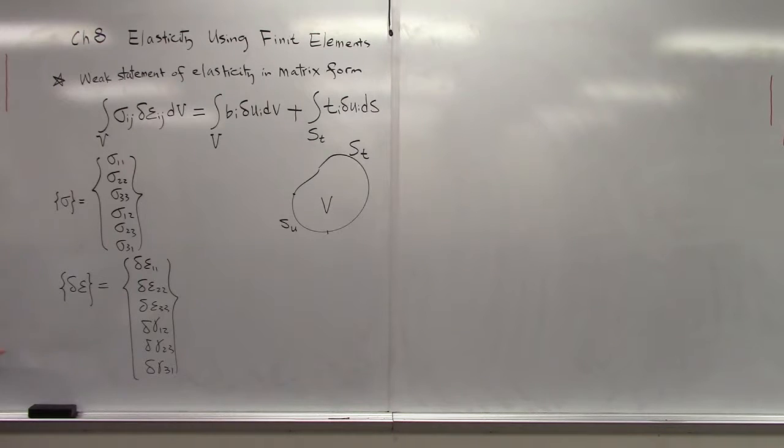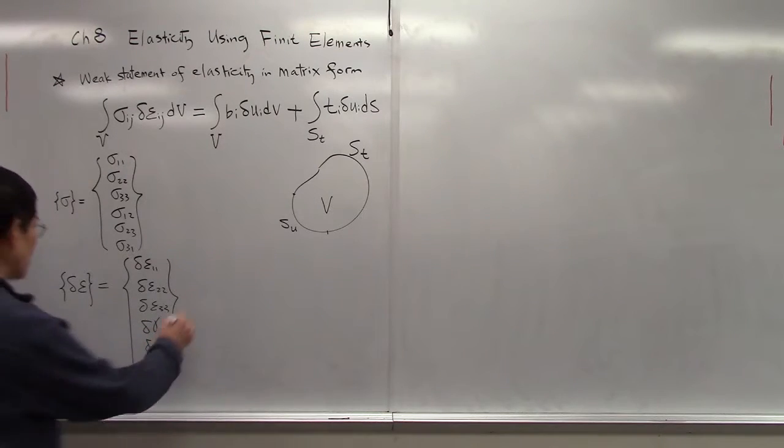Okay? I'd like to draw your attention here. When we write the stress in a column vector, these shear components are just 1,2, 2,3, and 3,1. When we write the strain components in a column form, we use engineering shear strain here, not epsilon 1,2, or epsilon 2,3, and epsilon 3,1.